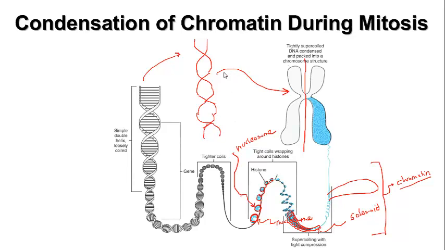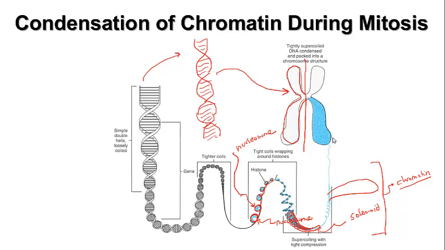As this identical copy is wound upon these octamers, and then the nucleosomes are wound upon each other, and the solenoids are then wound upon each other, and those coils are coiled upon each other, you end up with a whole other identical sister chromatid.